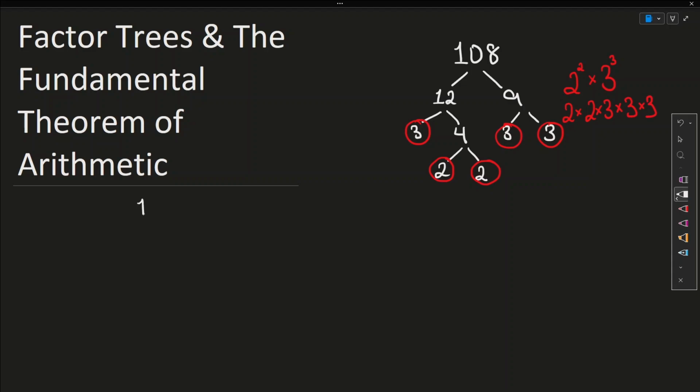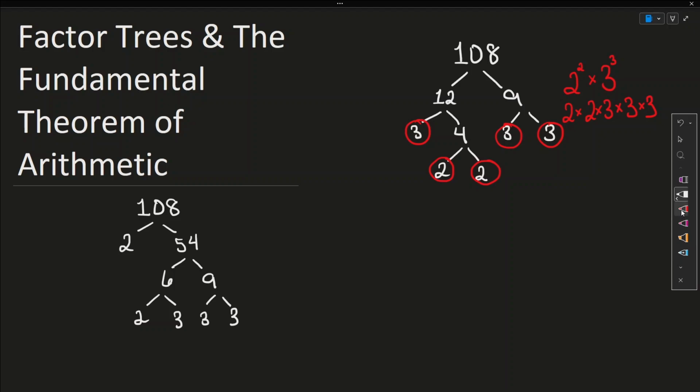A second factor tree for 108 might start differently. 108 is also 2 times 54. 54 we can split into 6 times 9. 6 is 2 times 3. And 9 is 3 times 3.